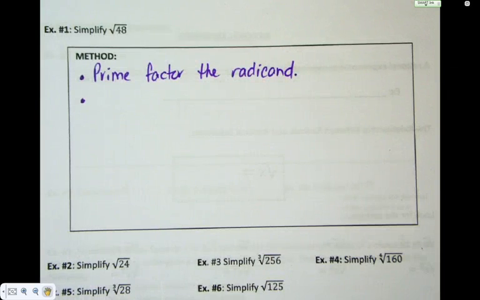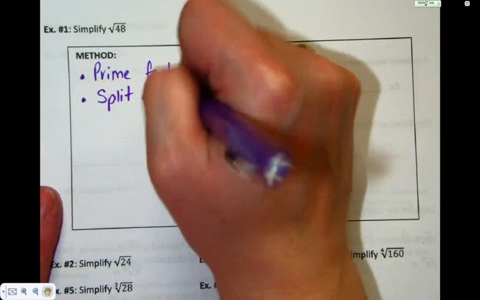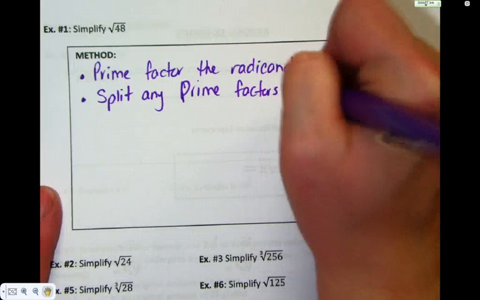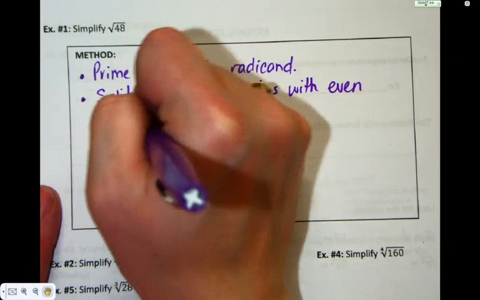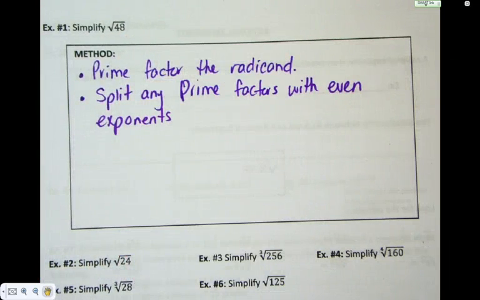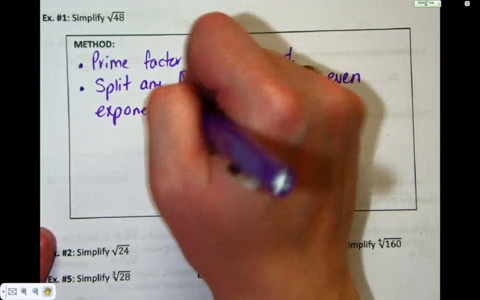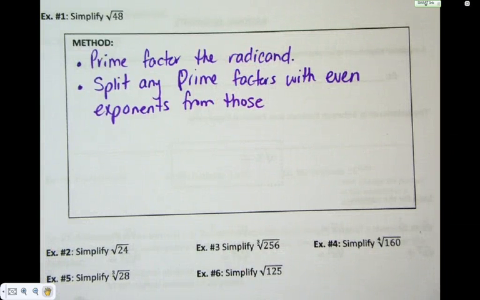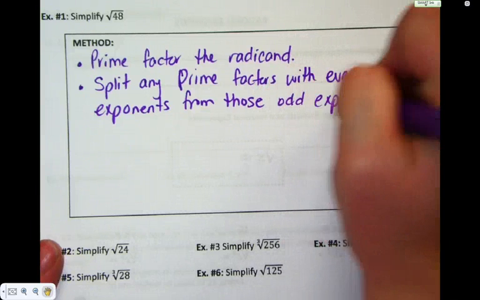Step number 2. Split any prime factors with even exponents from those without even exponents. No, I don't like without. From those with odd exponents.